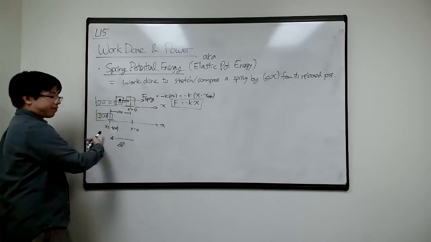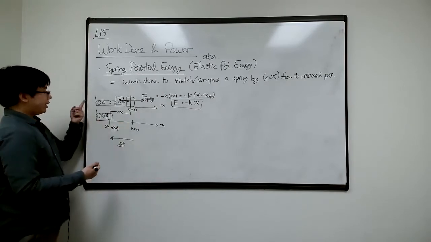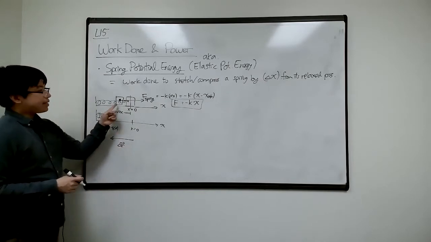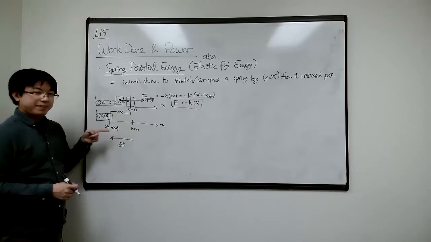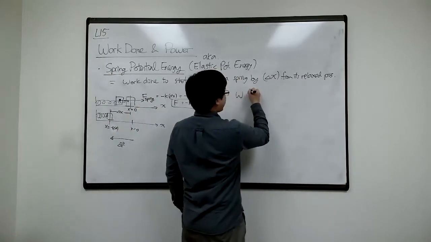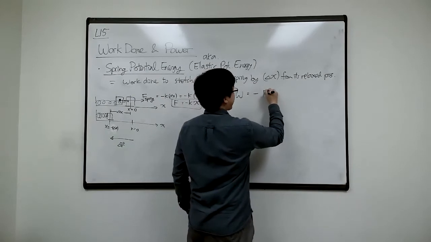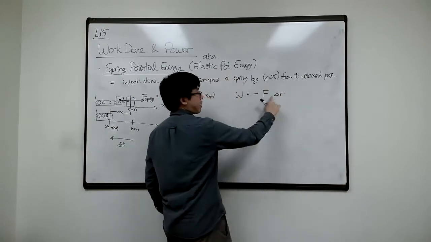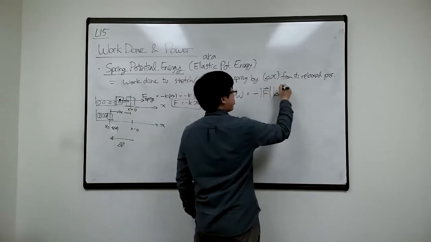That's the displacement vector, from here to here. But the force at every point in your displacement is pushing that way. So they're anti-parallel. So for the work done, I need to use minus the magnitude of the force times the magnitude of the displacement. Magnitude, just to emphasize.